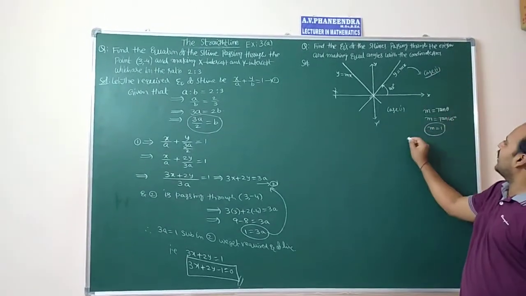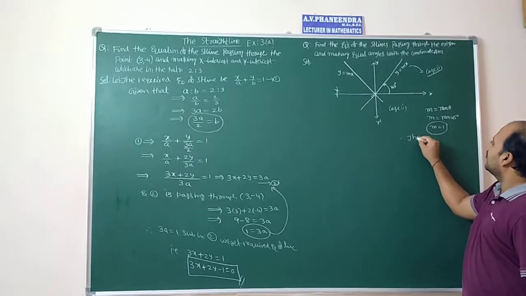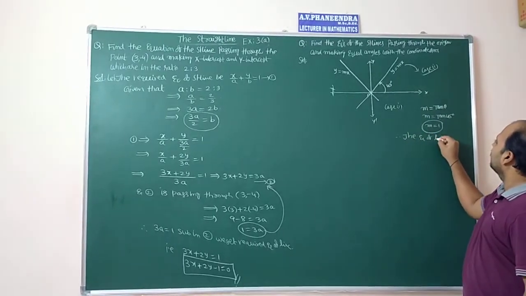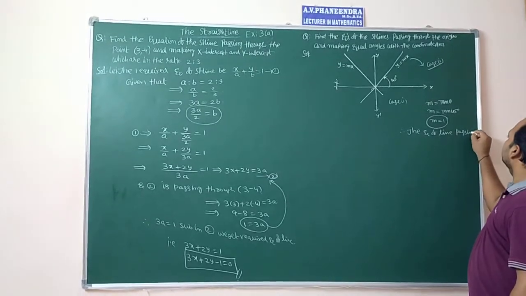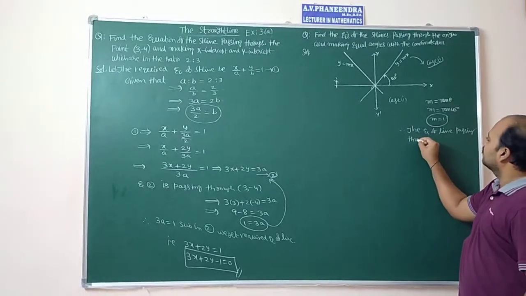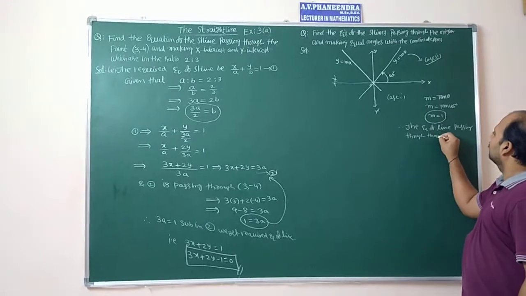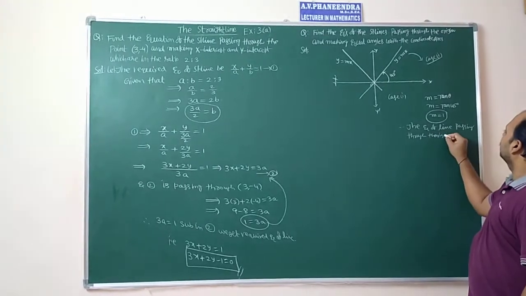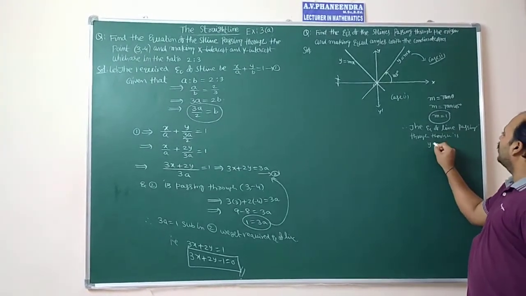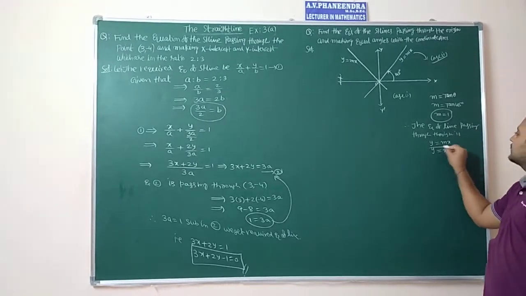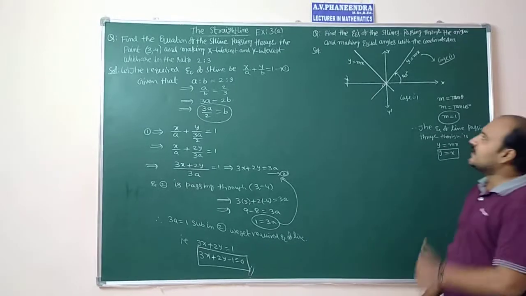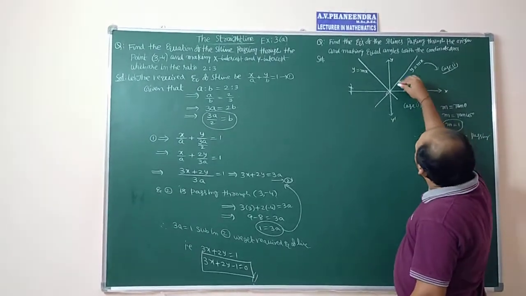So the equation of the line passing through the origin is y = mx. So if you substitute m = 1, y = x. Go for the second possibility.